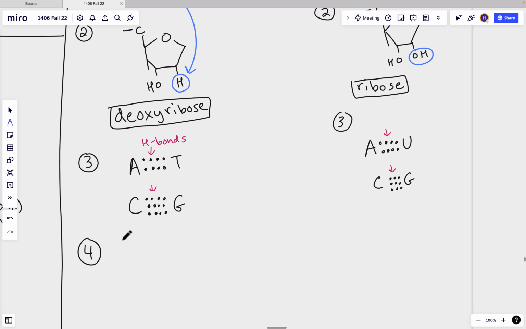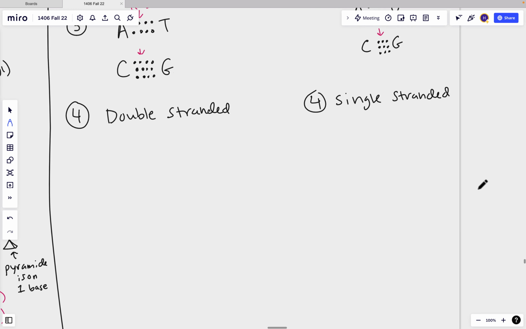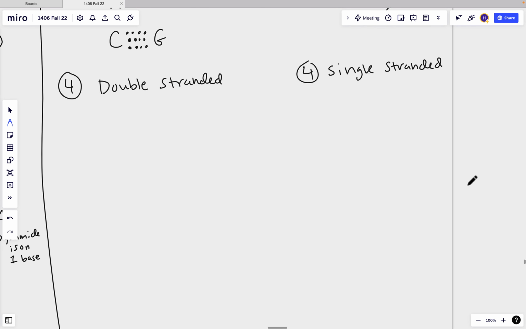Point number 4, DNA is double-stranded. And RNA is single-stranded. You can draw that here. This is not the greatest picture. So there's your double strand.